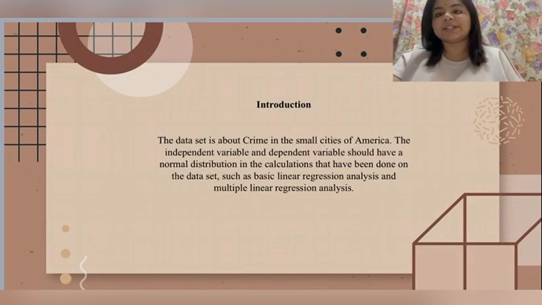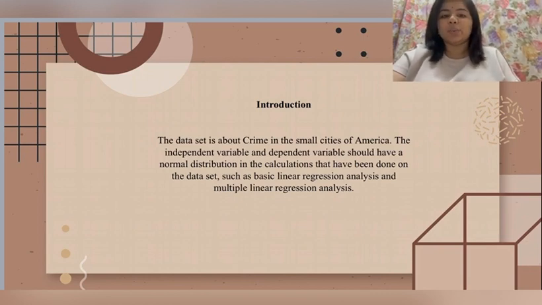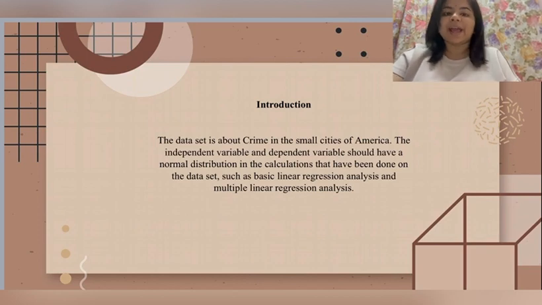For the introduction, the dataset is about the crime rate in a small city of America. The independent and dependent variable should have a normal distribution of calculation, such as simple linear regression and multiple linear regression.